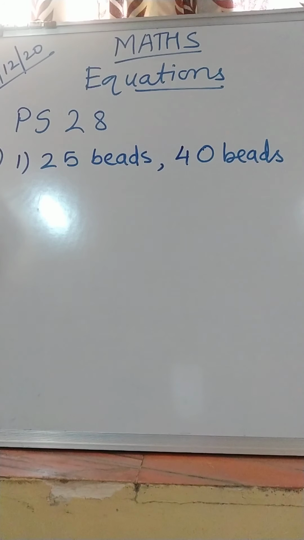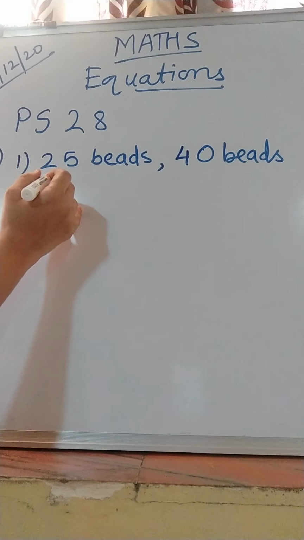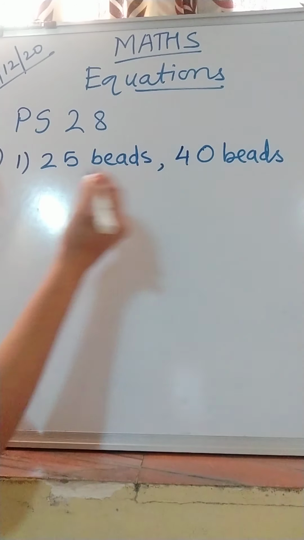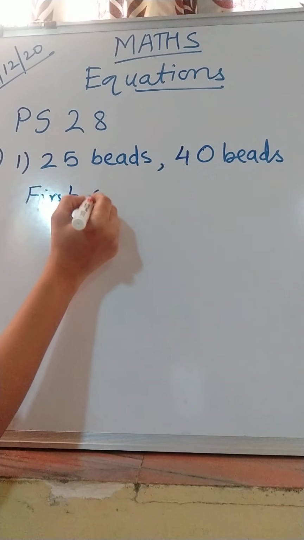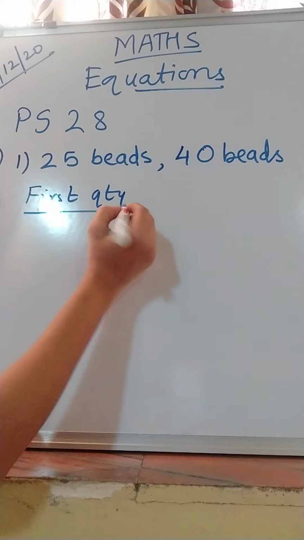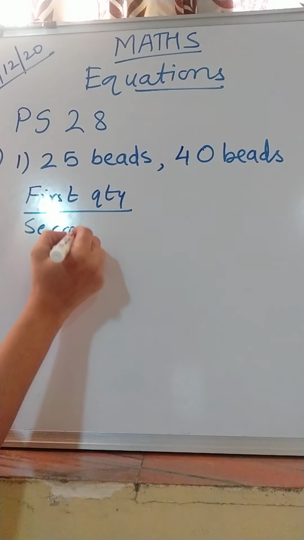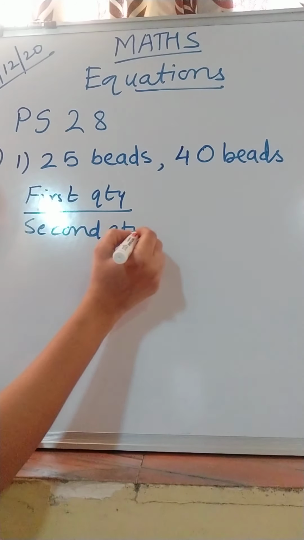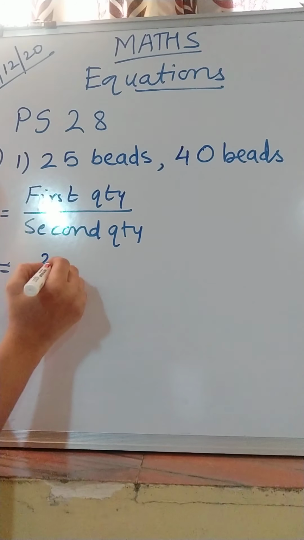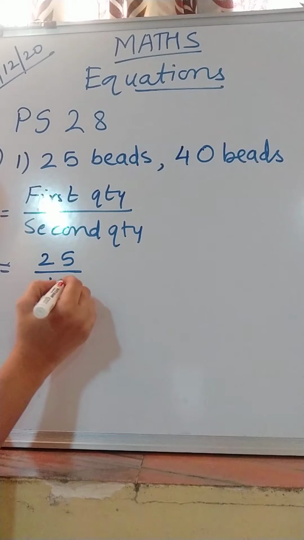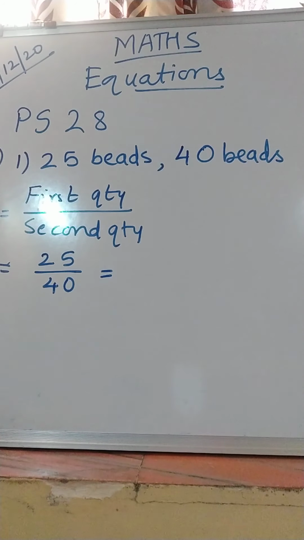The question is the ratio of first quantity to second quantity. What is our first quantity? 25, and the second quantity is 40. So the ratio of first quantity to second. Right? Now first is 25, second is 40. Which number can divide both 25 and 40? That number is 5.